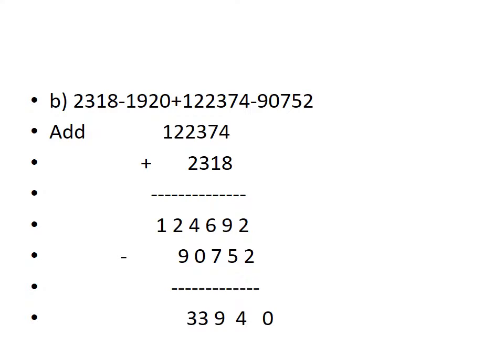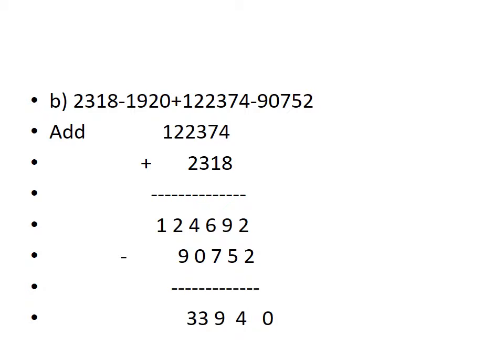Now see B part. 2318 minus 1920 plus 122374 minus 90752. First add 122374 and 2318. Answer is 124692.